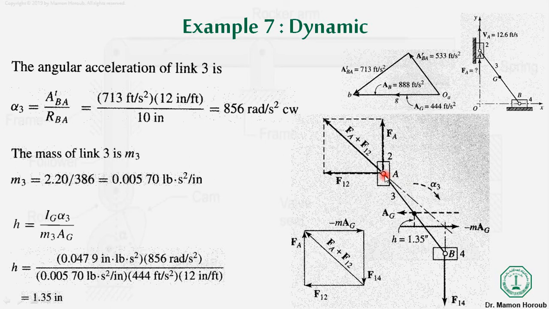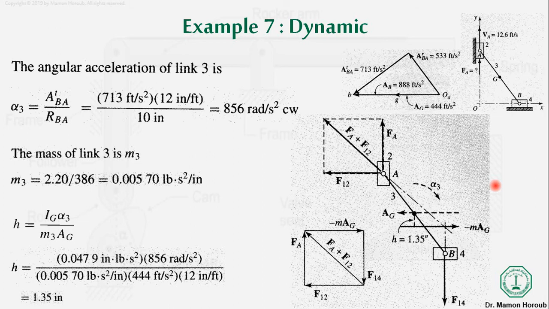The F23 will be along this line. So from this force triangle you can calculate the value of F14, and this F14 will be exactly equal to Fa. Okay, so this is how you can calculate the value of the unknown force Fa.